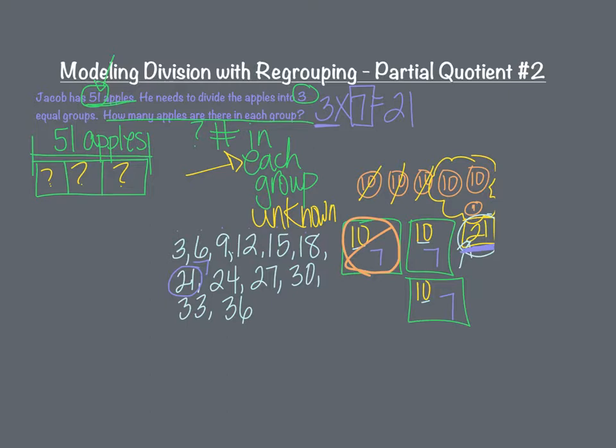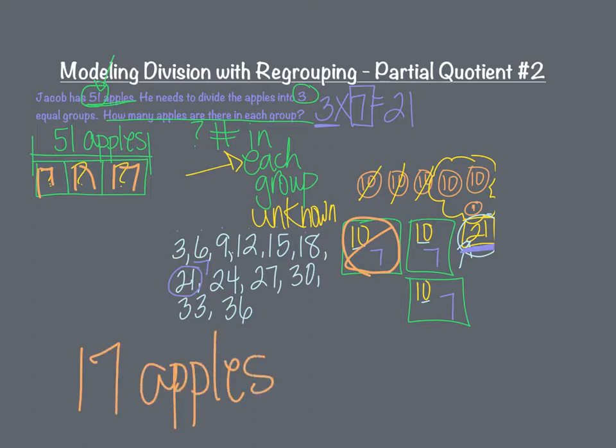So I can go back to my original word problem structure of equal groups, and instead of those question marks, what can I write in there? Excellent. Now I can write 17 in each of those boxes. So how many apples are there in each group? 17 apples in each group. Good job.